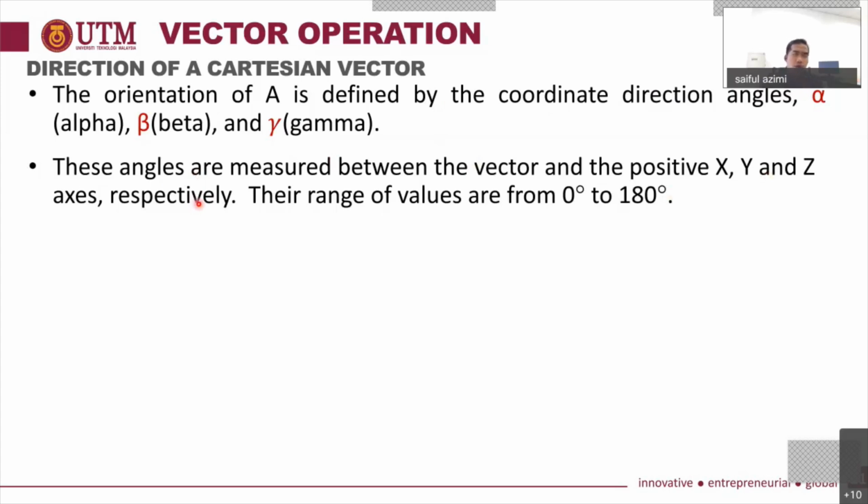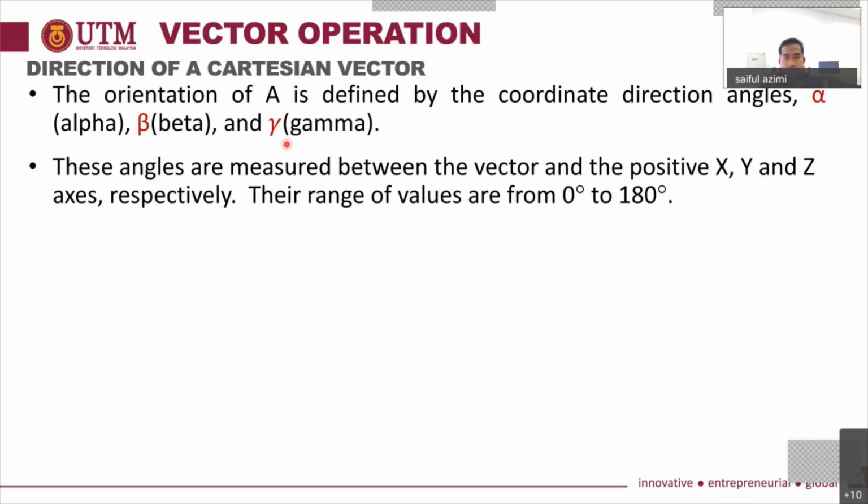So when you are given questions and they ask you to find the alpha, beta, and gamma for your 3D Cartesian vector representation, you must know that it is only from the positive x, y, and z axes. It is not from the negative part unless it is specified. If it is not specified, you must use the positive x, y, and z axes.